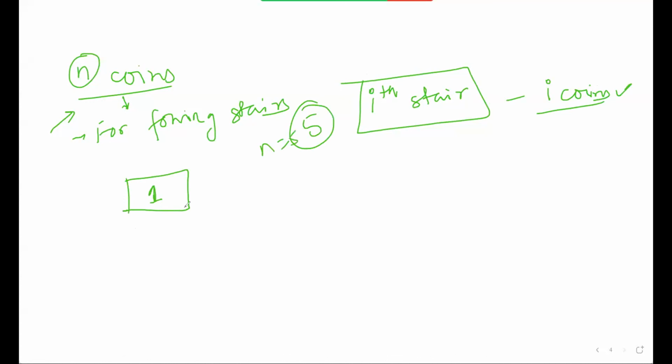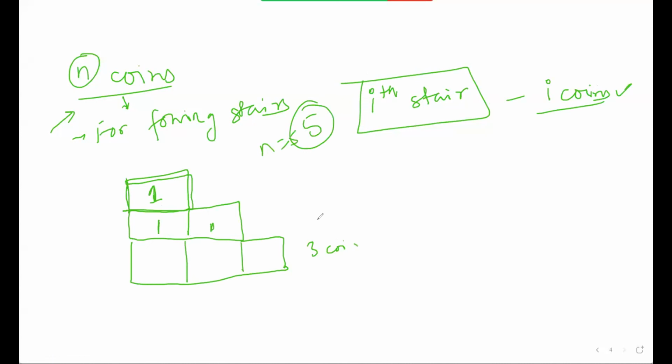Suppose n is 5. You utilized one coin for one stair. For the next stair, you need two coins. You got it? Now for the next level of stair, you need three coins. For this you need one, for this you need two, which totals three.